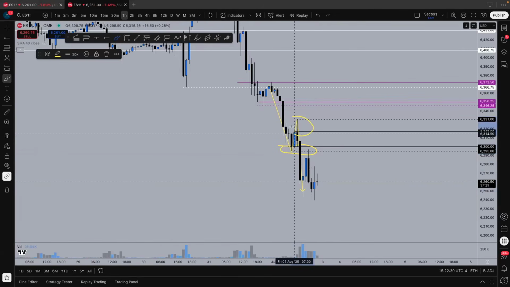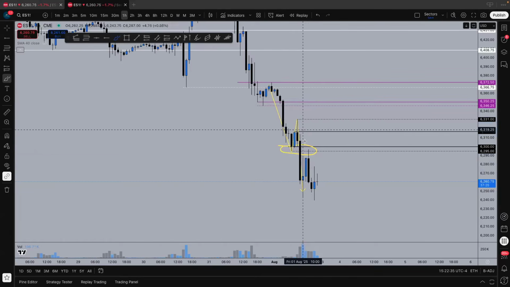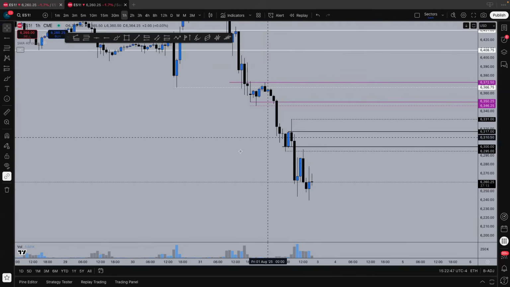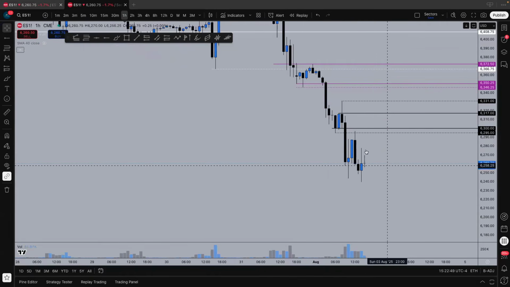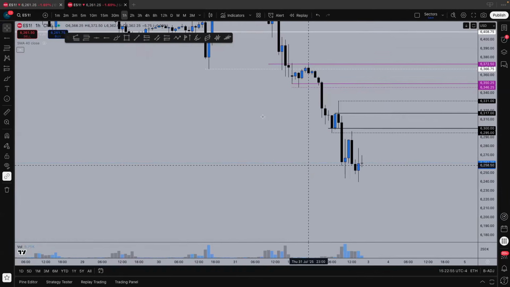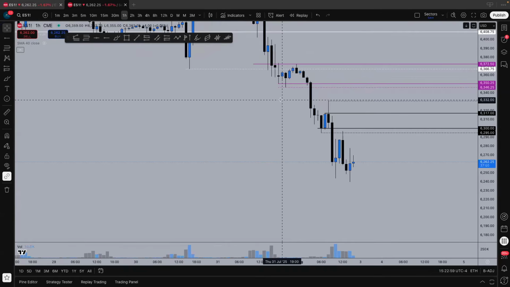This area in here is area number two. And honestly, anything in between is also fine with me. But it's extra confluence if we're right at one of those levels. And sometimes we don't make it to the levels, and that's fine too. This is what I'm basically looking at. And as you can see today, price came into the extreme, pierced it a little bit, rejected, and came on down. This is the kind of thing I'm looking at for my setup.